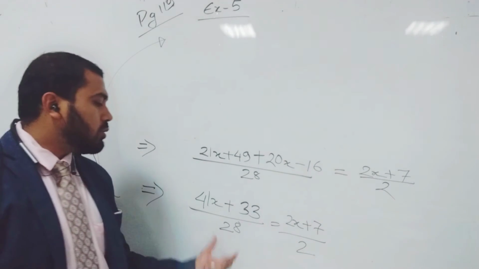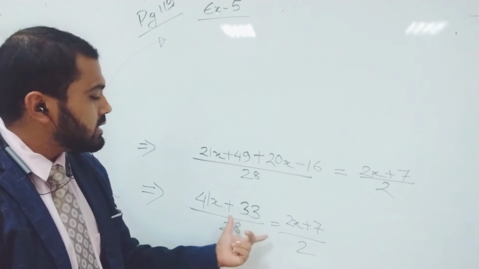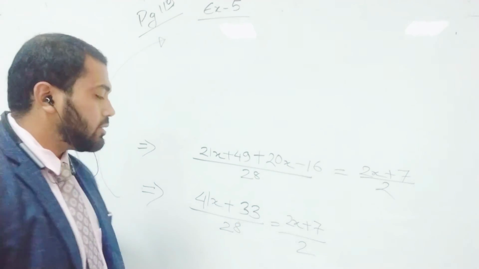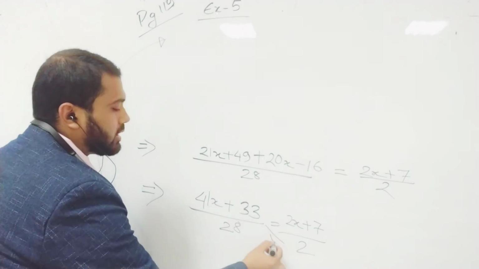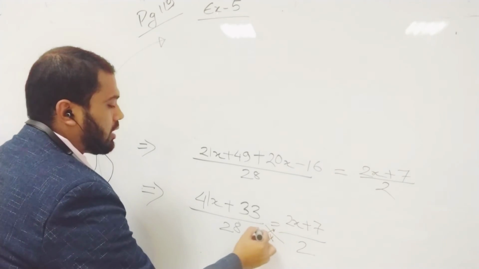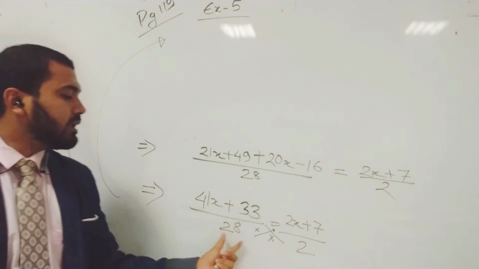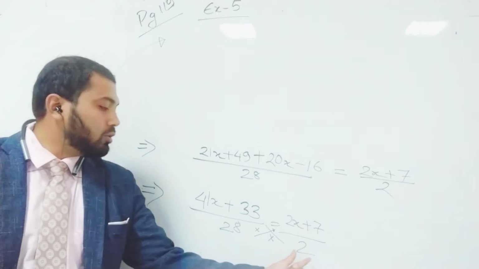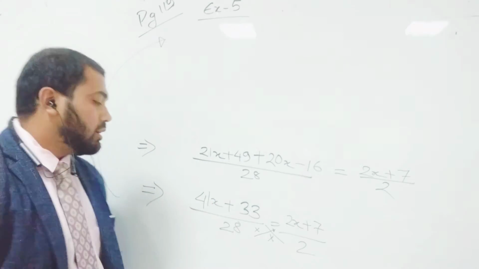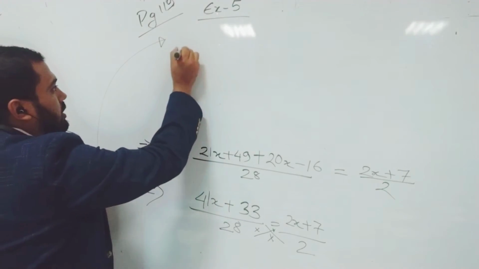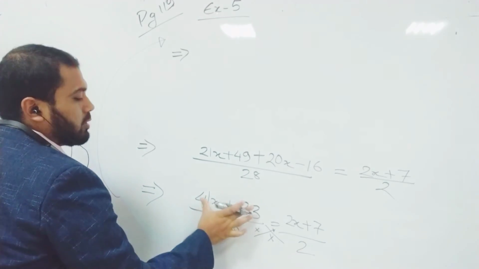Okay, now what we need to do, since we have fractions on both sides? Cross multiplication. So 28 gets multiplied with this, 2 gets multiplied with this. So 2 gets multiplied with the numerator.